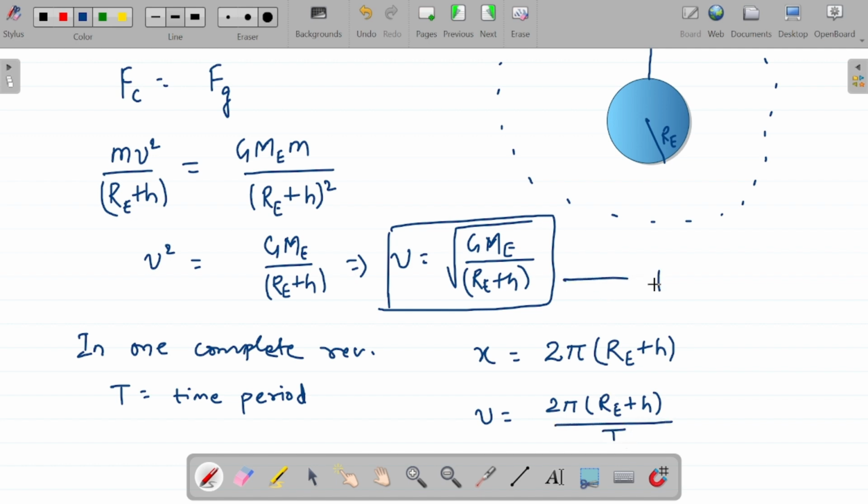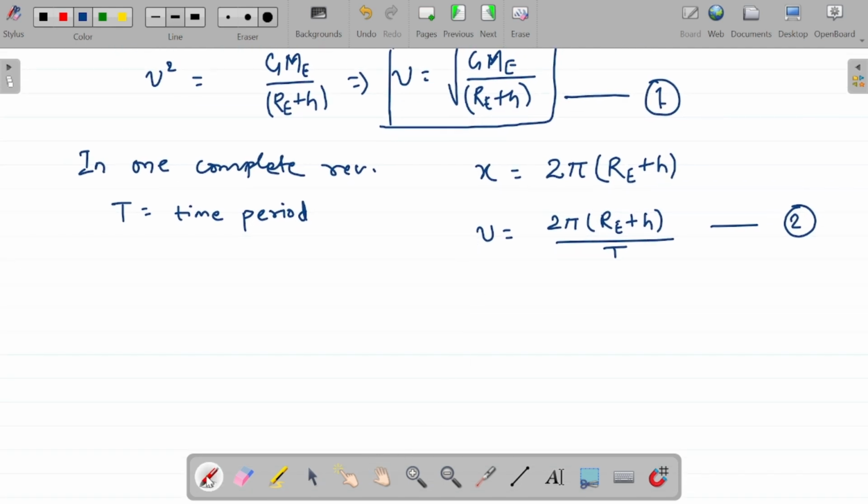And now we have the first equation here and the second equation here, and if you compare these two, you will get 2 pi (Re plus h) divided by the time period equals the square root of G Me by Re plus h.